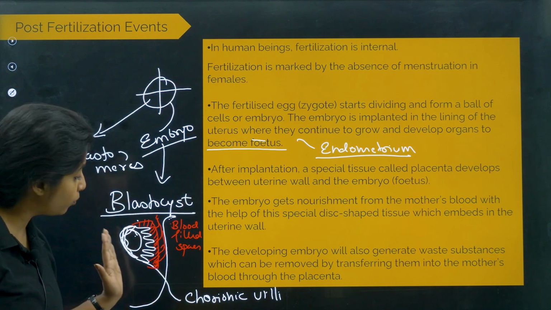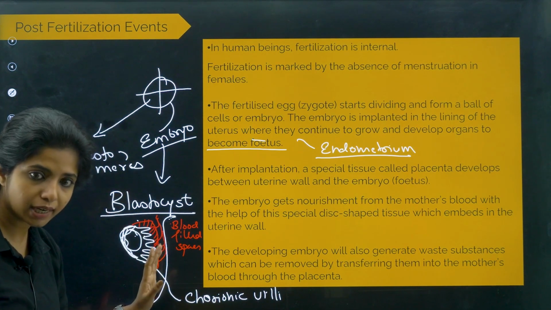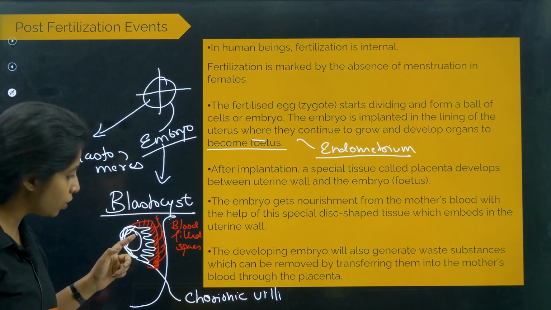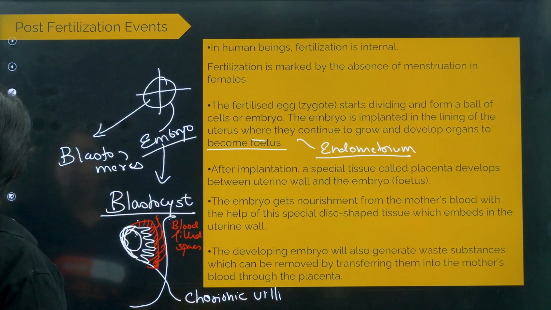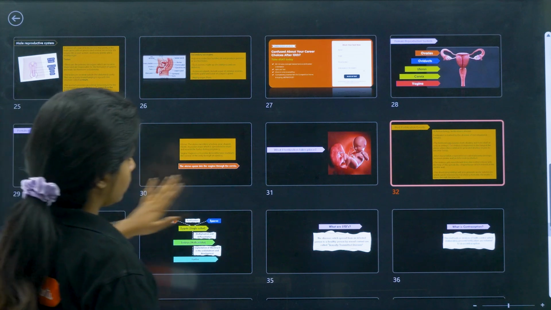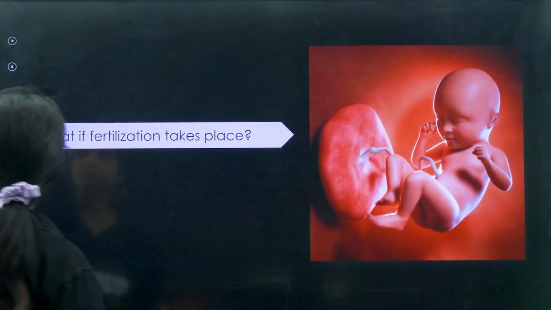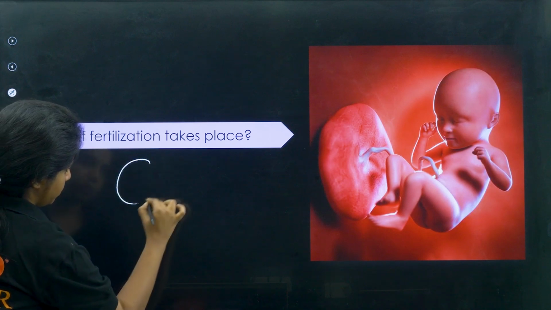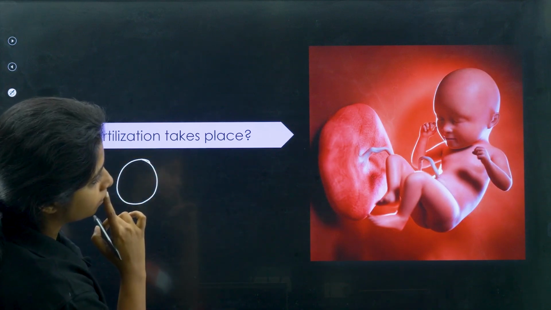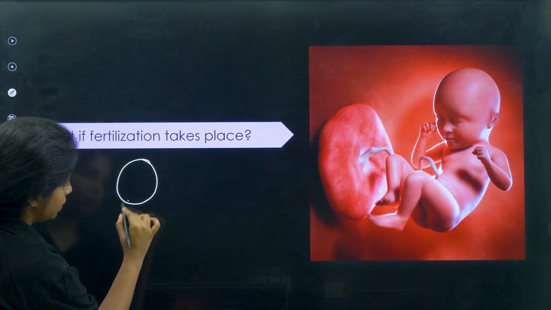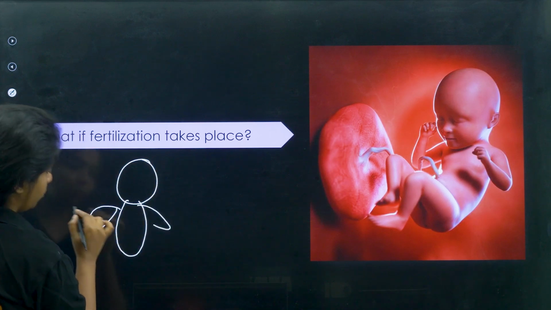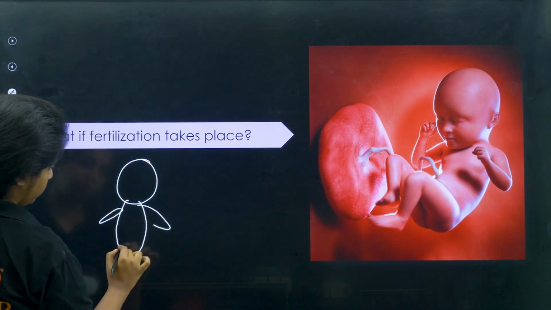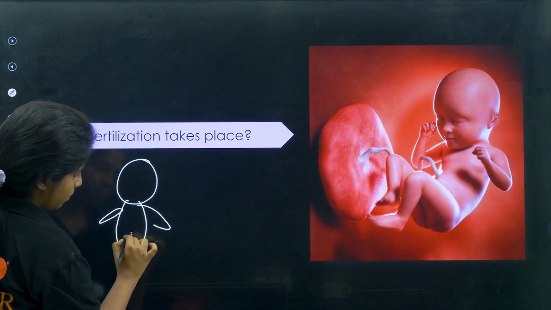So, the placenta is formed both from the uterus side, that is the mother's side, and also from the embryo side. What is the embryo making? Chorionic villi. If I have to make it properly, suppose this is the fetus, and there's an umbilical cord.